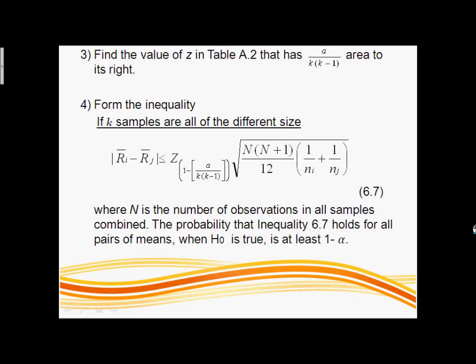Next, we find the value of Z in table A.2 that has alpha over K(K-1) area to its right. And finally, we form the inequality. There are two types of inequalities in this multiple comparison test. The first, if the K samples are all of different sizes, we use inequality 6.7, where N is the number of observations in all samples combined.